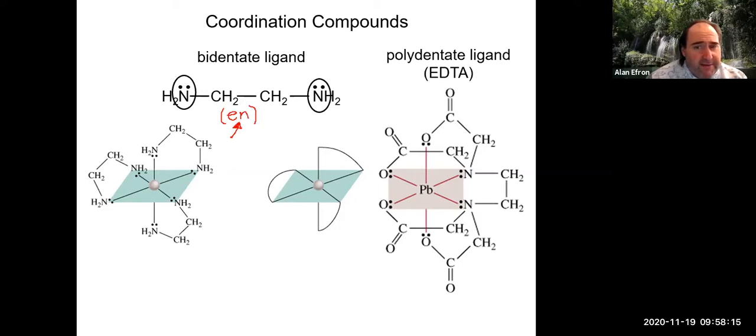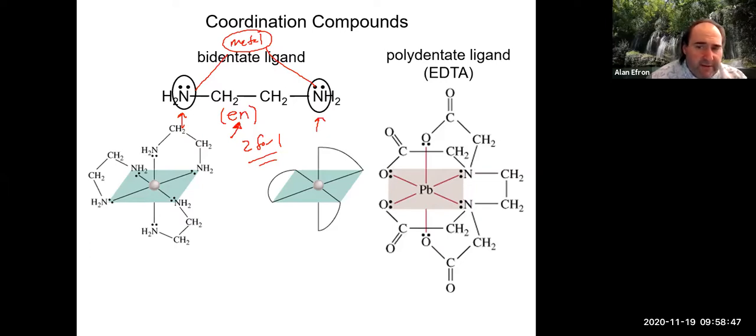So instead of writing ethylenediamine, people oftentimes will use that little symbol. It is a bidentate ligand because at both of the nitrogens, it's got a lone pair, it's kind of polar there. And each of these would bind to the metal through the nitrogens. And again, you get a 2-for-1 type of deal here. For every one of these en molecules, you do get 2 binding to the metal, and that would affect the coordination number.